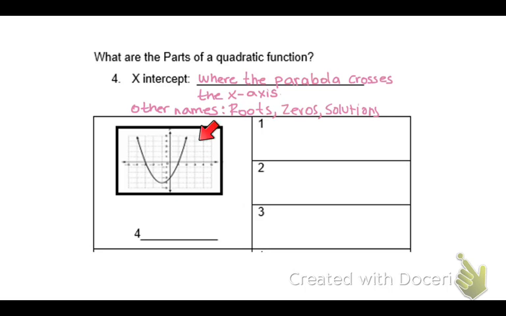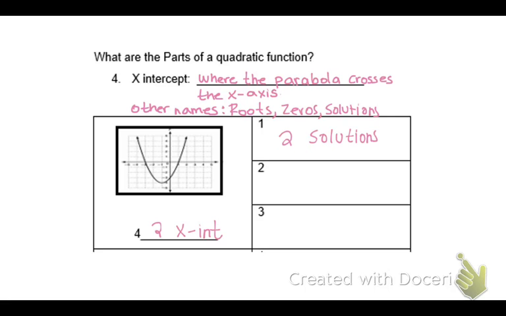Since we have a curve, a parabola can cross the x-axis twice, once, or none. So let's take a look at the first example. This is an example where we have two x-intercepts. Now remember how we have other names for x-intercepts? Anytime we have two x-intercepts, that means that we're going to have two solutions.